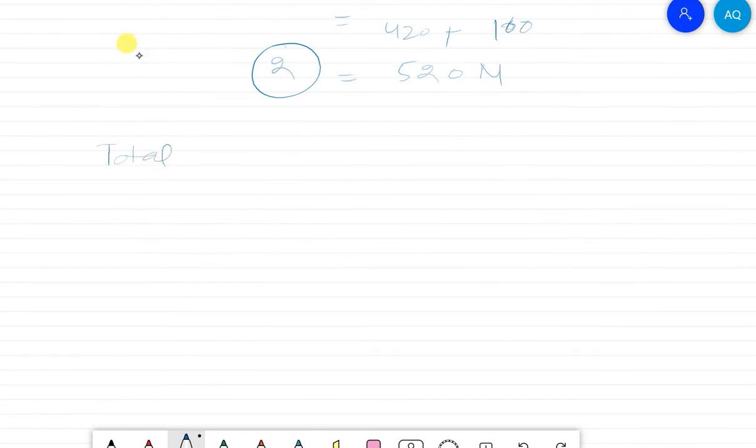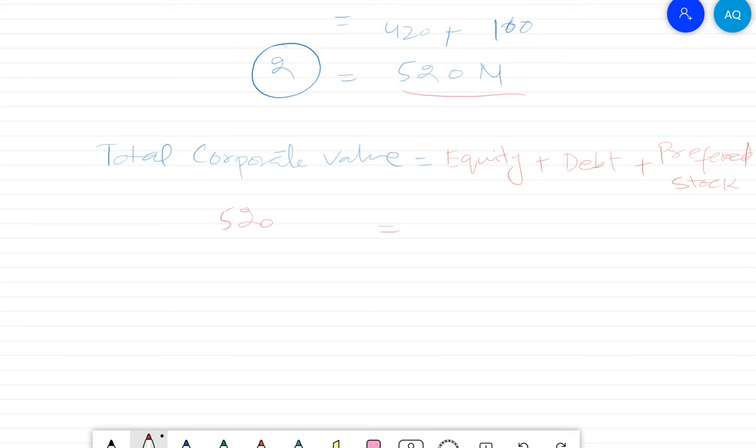Total corporate value is equal to equity plus debt plus preferred stock. So total corporate value is 520 million. Equity is unknown. We have to calculate it.